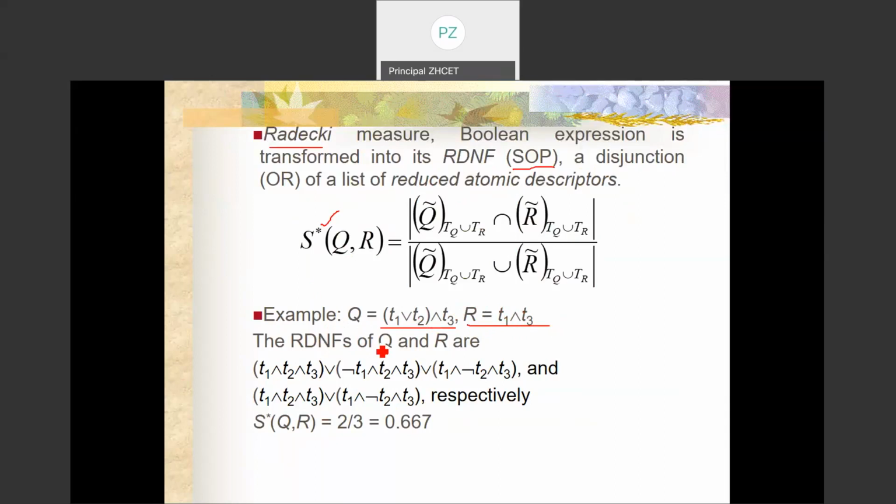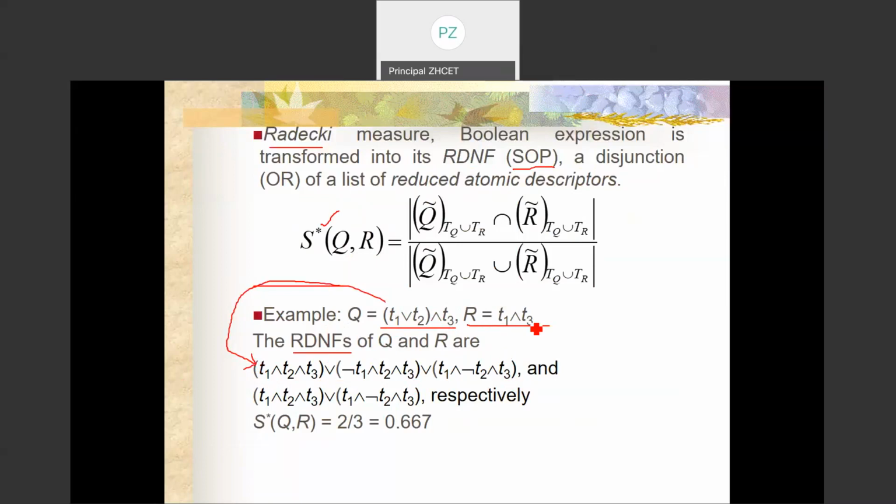The RDNFs, which means the canonical sum of product form of Q and R, you all know can be done using T1 and T2 and T3, or you know how to do it. First of all, we'll have to do T1 and T3 or T2 and T3, and then for the canonical form, I should have all three terms in it. So this one, Q, can be converted into the canonical sum of product form like this.